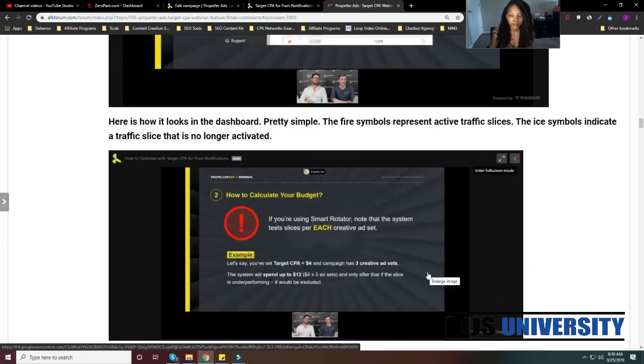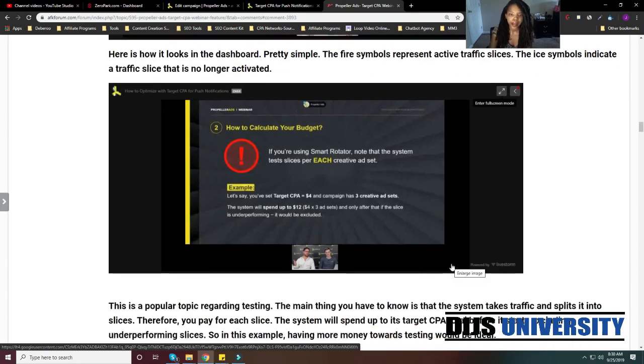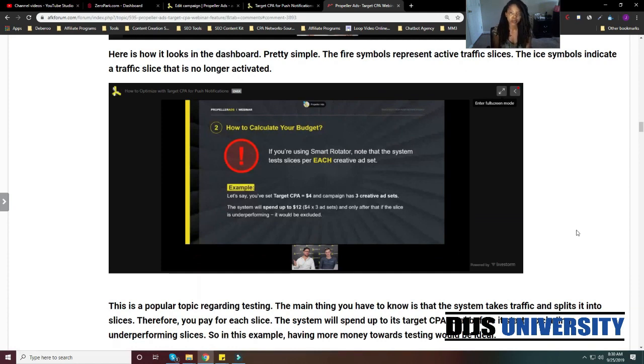Okay, so now they have it where if you're using the smart rotator, which is going to be the image or the push notification rotator, where you can upload up to 8 different push notifications. So what they're saying is it tests each creative ad set, which it should already be doing.